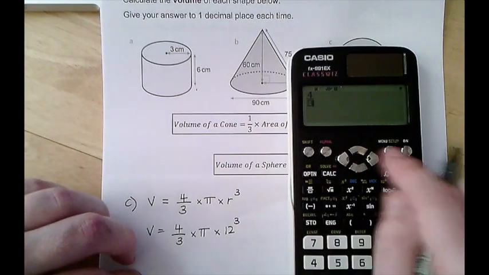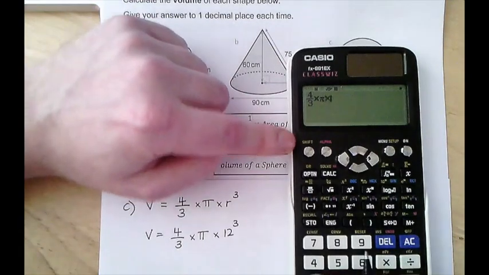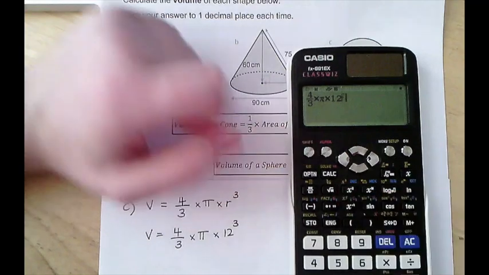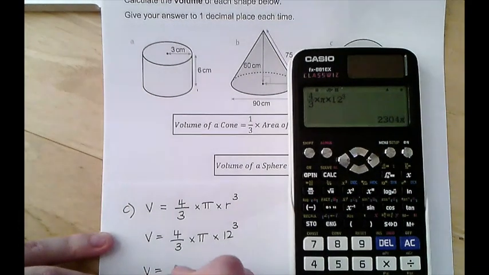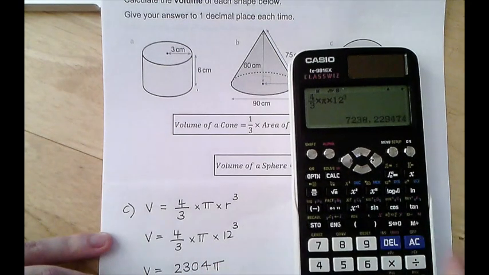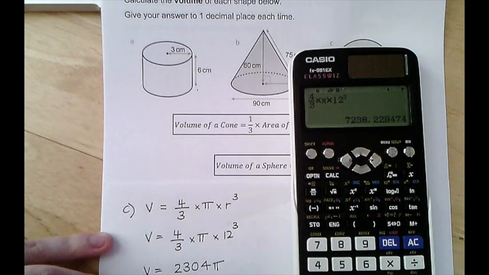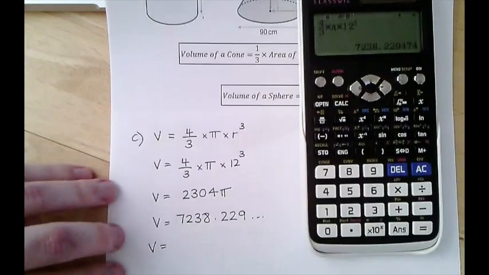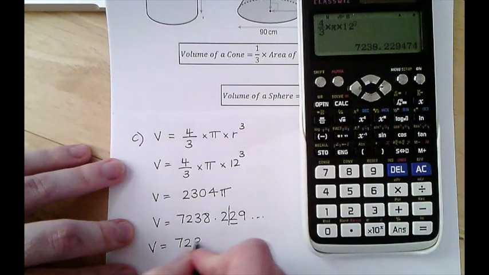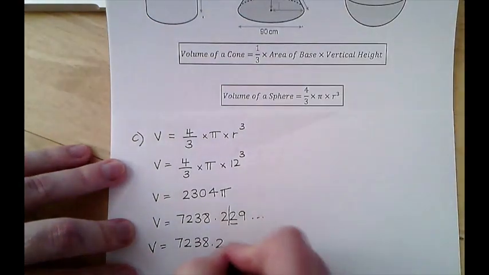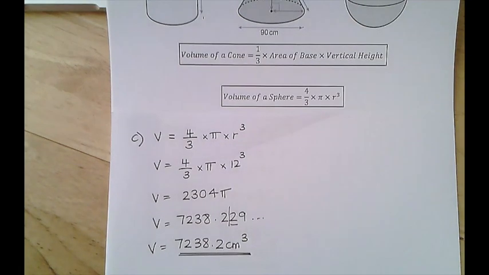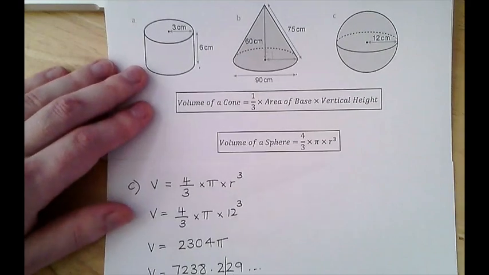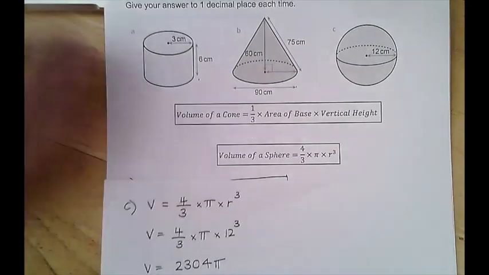I can use shift and then that button, and that'll give me cubed, and that gives me a volume of 2,304 pi, which is 7,238.229, or to one decimal place, 7,238.2 centimetres cubed. So that's quite a difficult question.